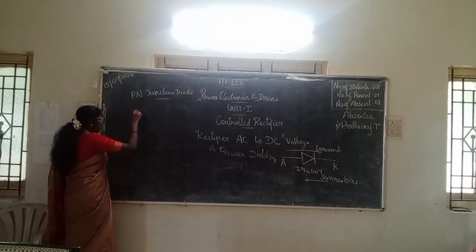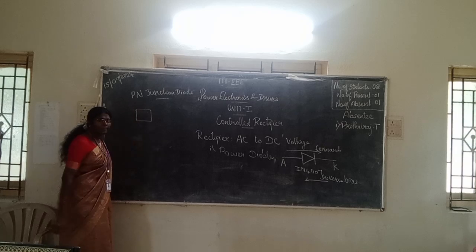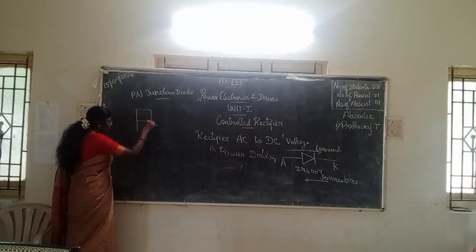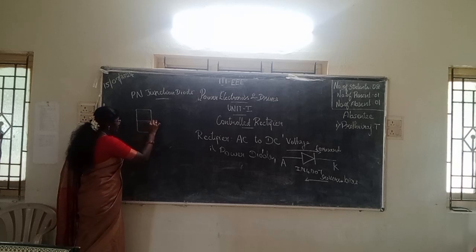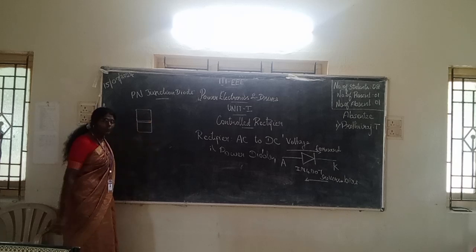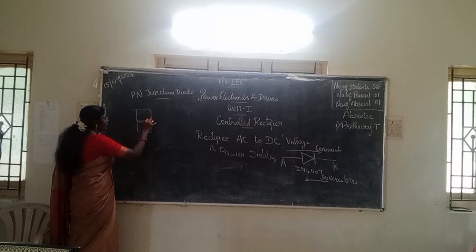The P type semiconductor is in junction with the N type semiconductor. In between, there is the depletion layer.